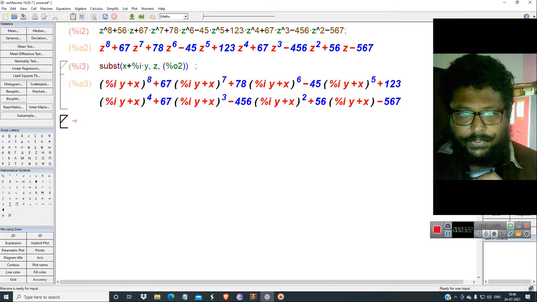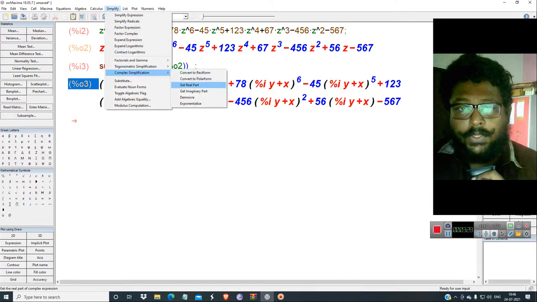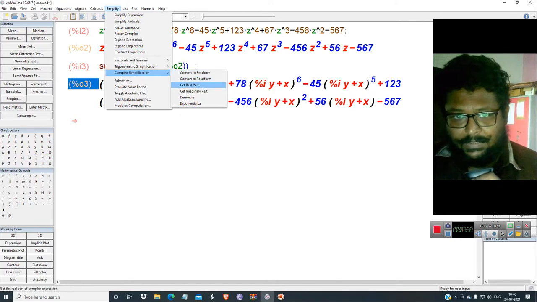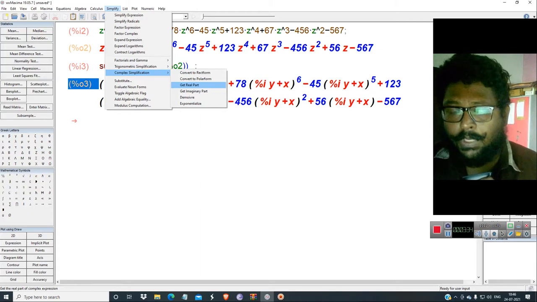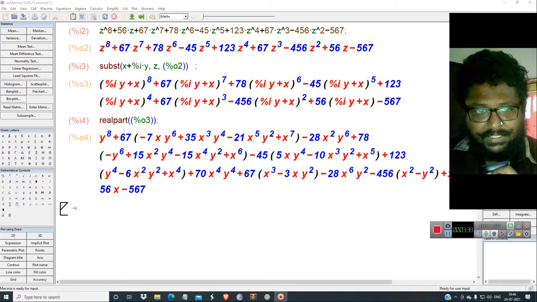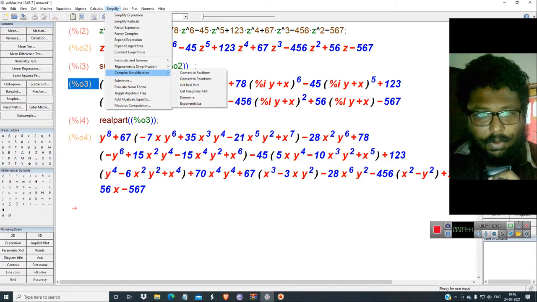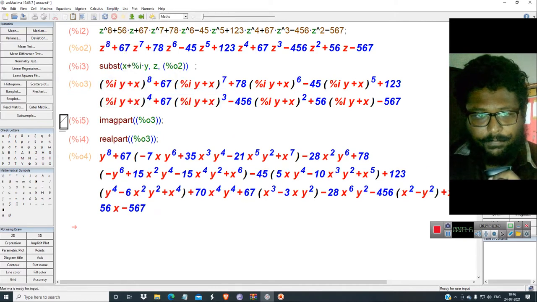Then we substitute and it transforms into this. Now I'm going to simplify, going to the complex variables. To manipulate by hand or with an analytical substitution would take long, so we use a computer algebra system. You get a very awkward equation like this, and this is the real part, and going to the complex simplification you get the imaginary part.